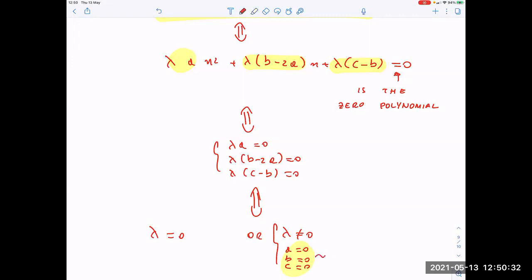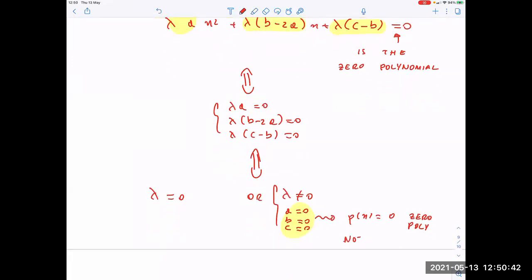So what happens if lambda is different from zero? There are no eigenvectors. So eigenvectors only exist if lambda is equal to zero.